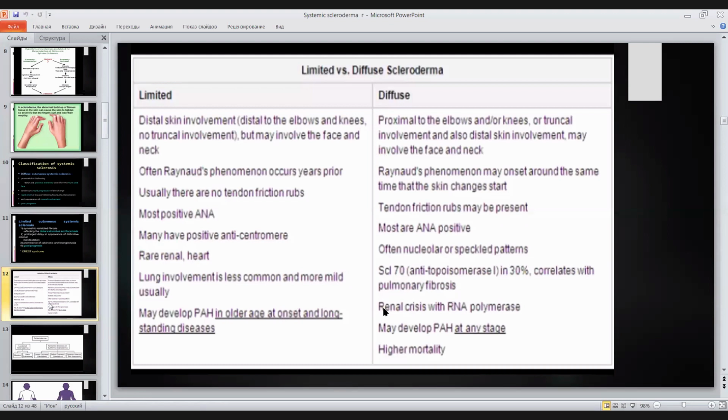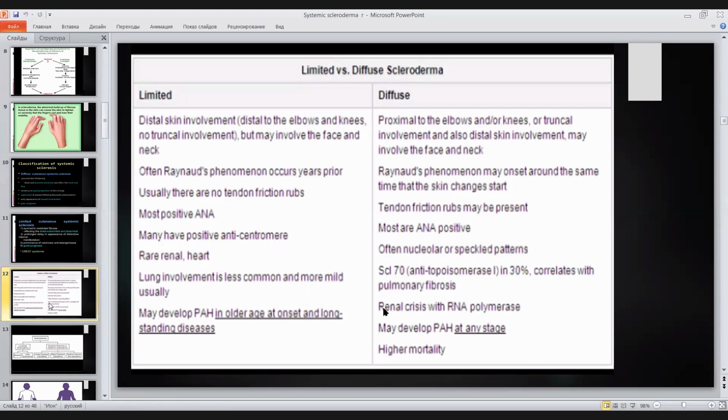Because it matters for treatment. If you diagnose diffuse, besides basic treatment you should start organoprotection treatment. We know it is the more severe, dangerous form of this disease. That's why, first of all, you should correctly determine which type your patient has, diffuse or limited.